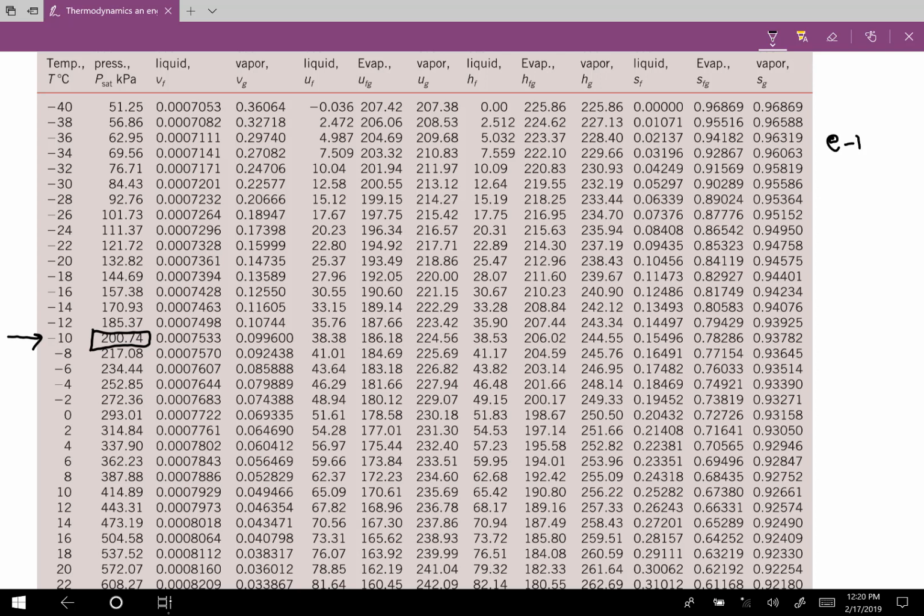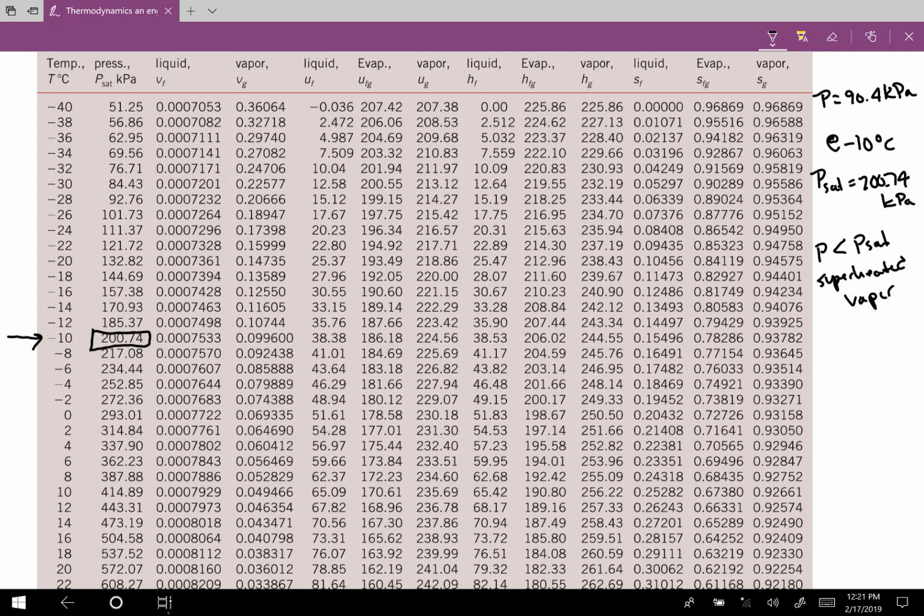So at minus 10 degrees Celsius, Psat is equal to 200.74 kilopascals. Since our pressure is 90.4 kilopascals, which we know because we calculated it, that means that P is less than Psat, so we have a superheated vapor.